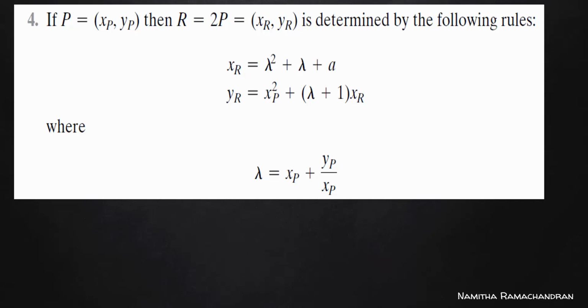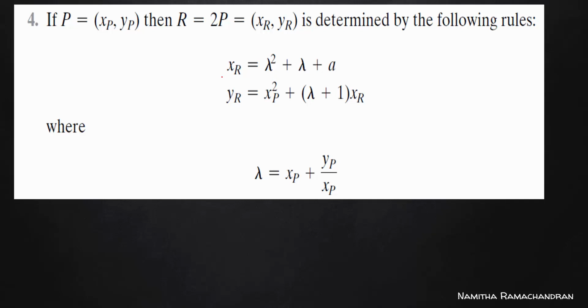And one more point is, if a point P is given with coordinate xp, yp, we can calculate the double point after the doubling operation, that is R equal to 2P, with coordinate represented as xr, yr.